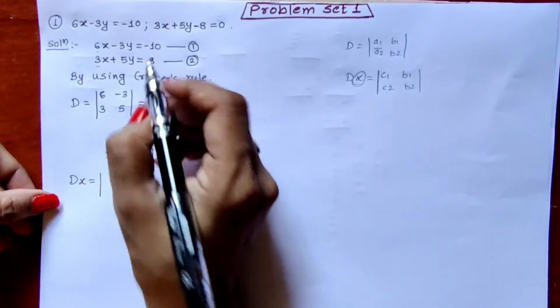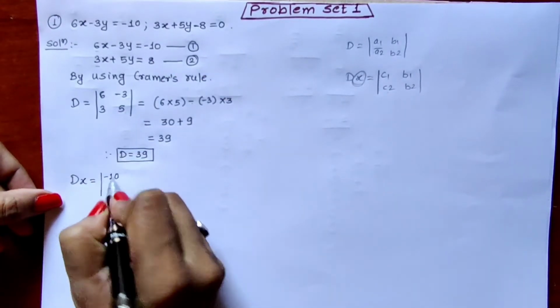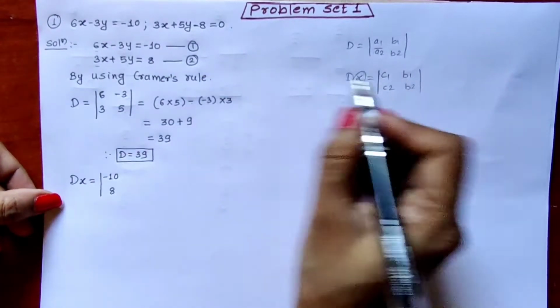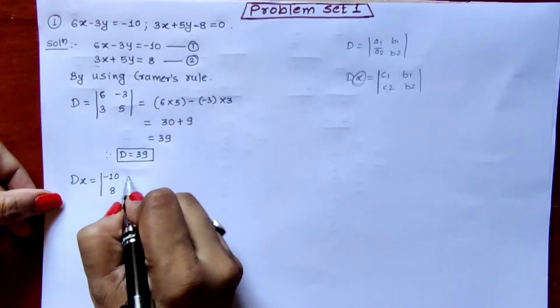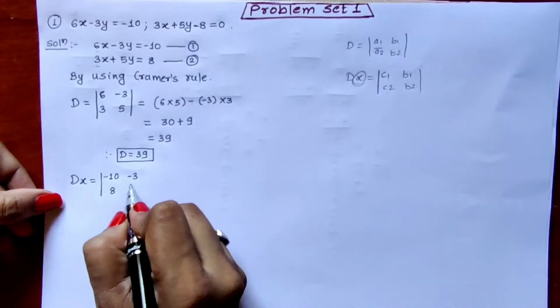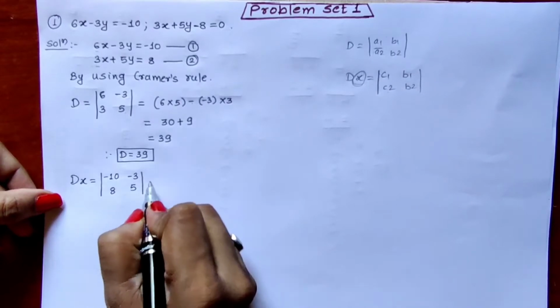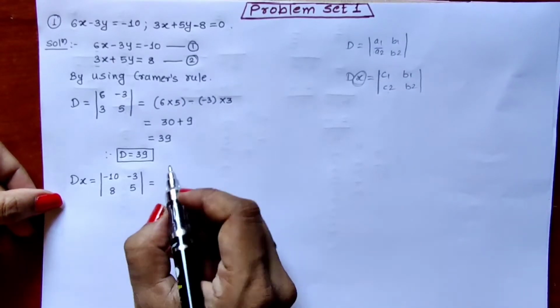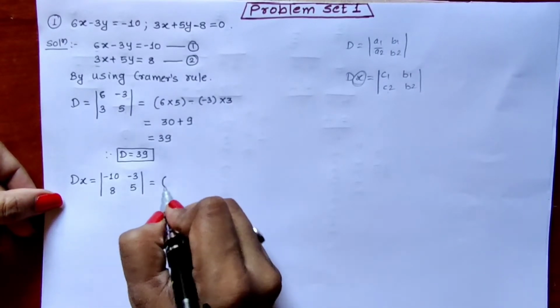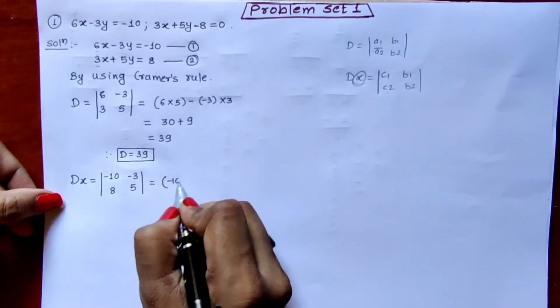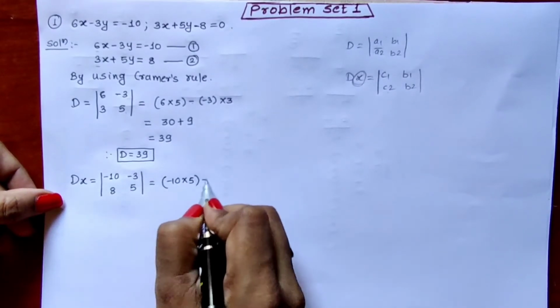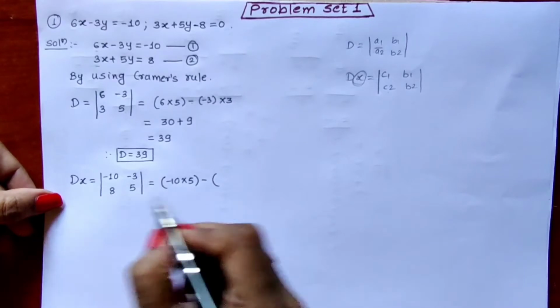Constant terms are minus 10 and 8 and coefficients of y are minus 3, plus 5, not minus 5. Now we will have to cross multiply. So we will be getting minus 10 into 5, minus sign is there, minus 3 into 8.